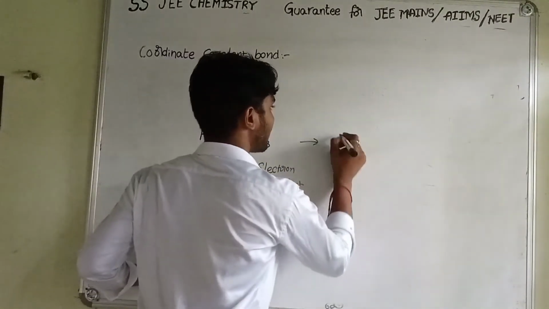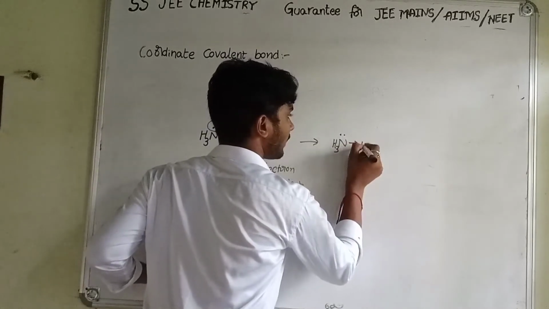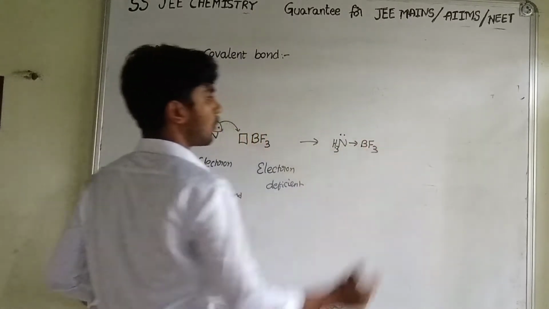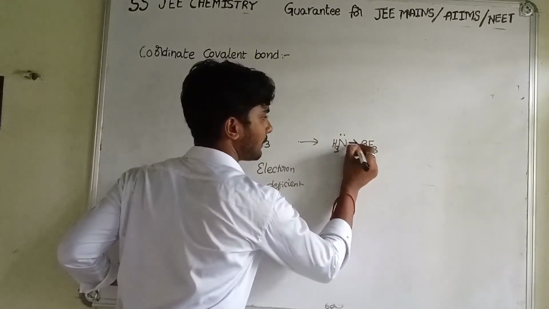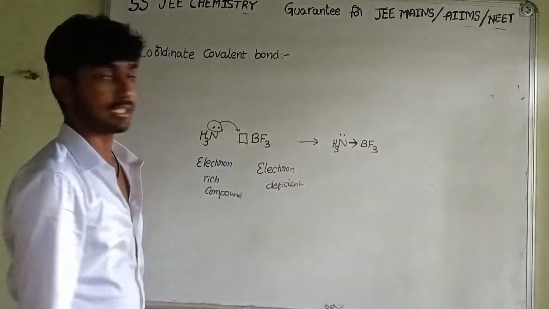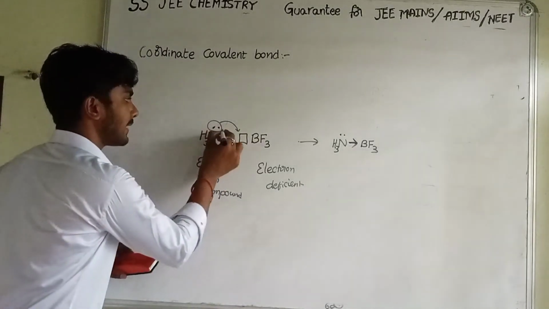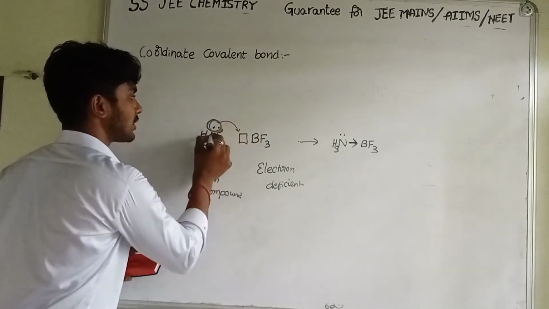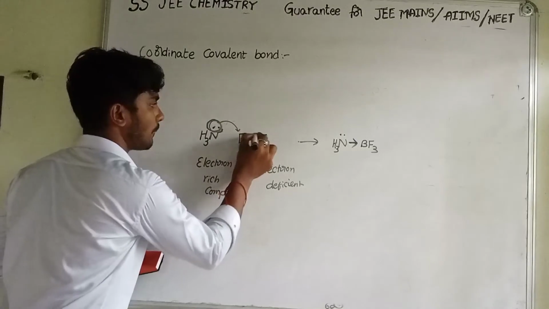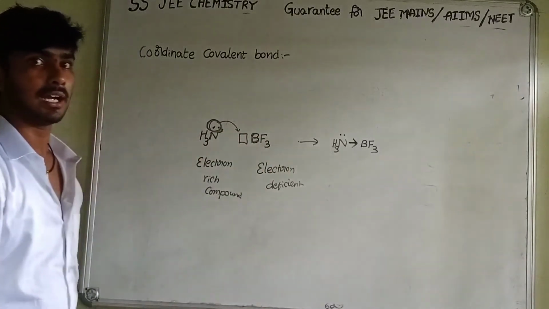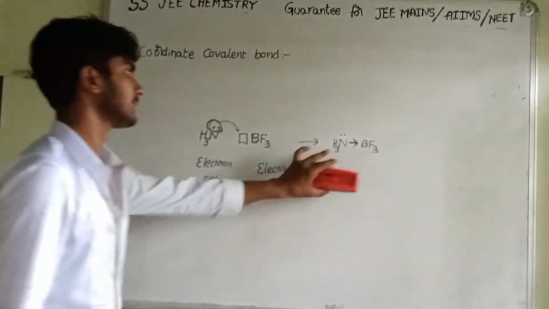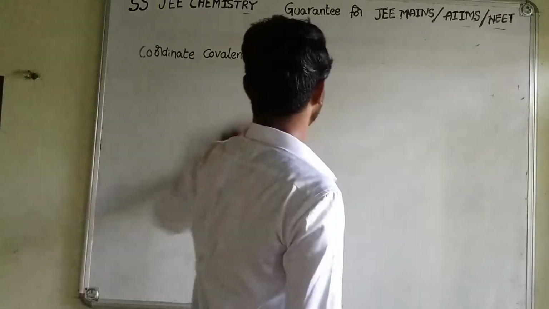This is the coordinate covalent bond, indicated by an arrow mark. Here the lone pair is shared between nitrogen and boron. This is a coordinate covalent bond.